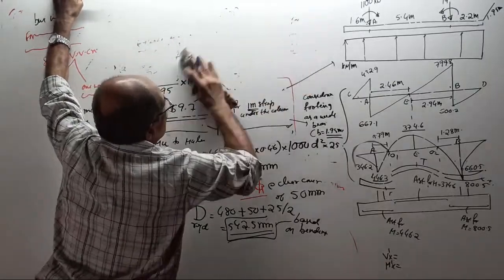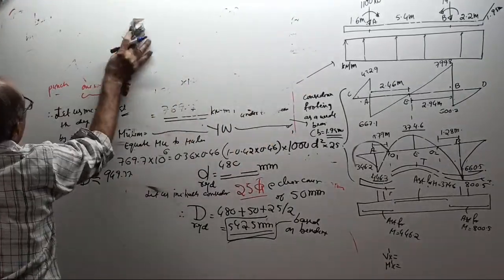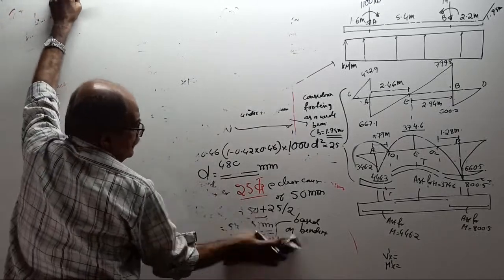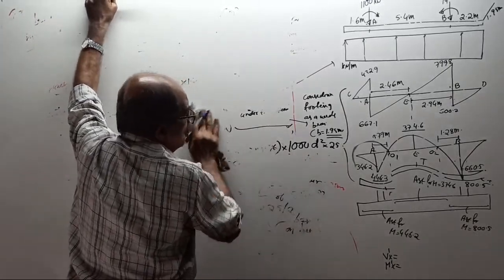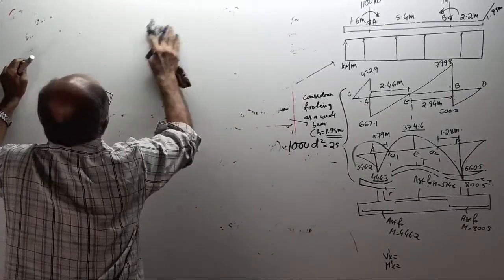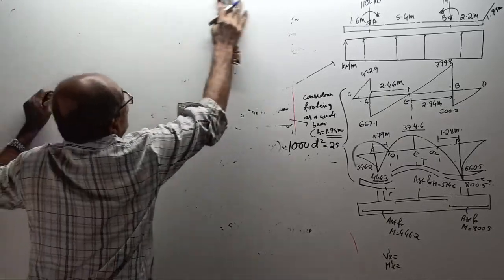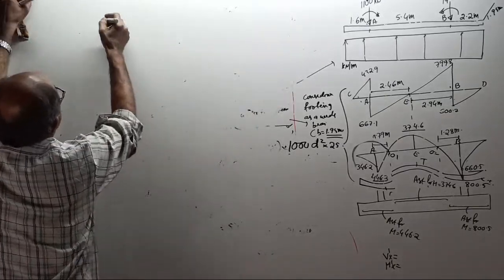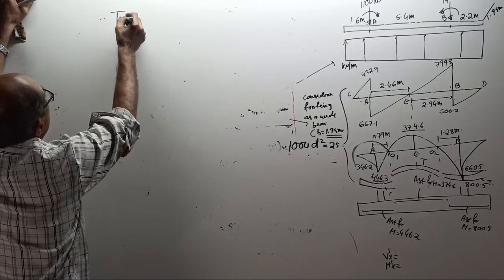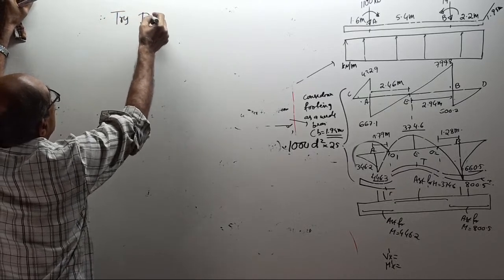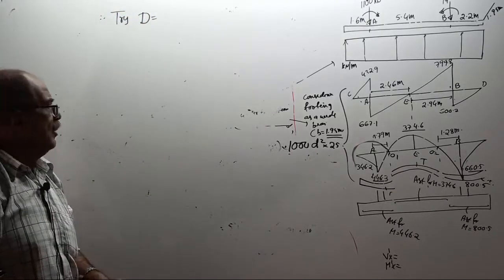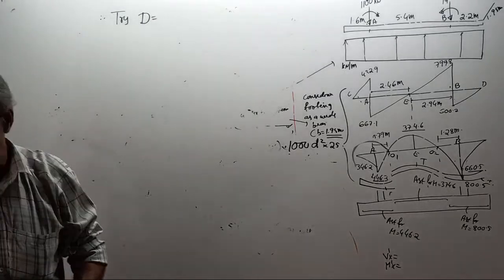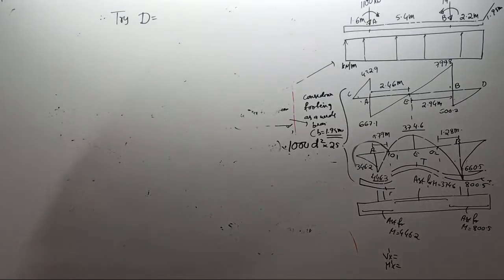All this is gone now; I will cancel it. Now a little work for you. You have to show your talent. Therefore, try capital D equal to, how much, tell me? 900 and how much did you get? 949 point something.